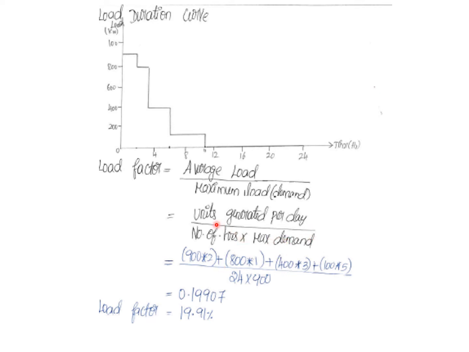So 900 into 2 plus 800 into 1 plus 400 into 3 plus 100 into 5, divided by 24 hours, with maximum demand 900 in the denominator. My load factor is 0.1991, or 19.91 percent.